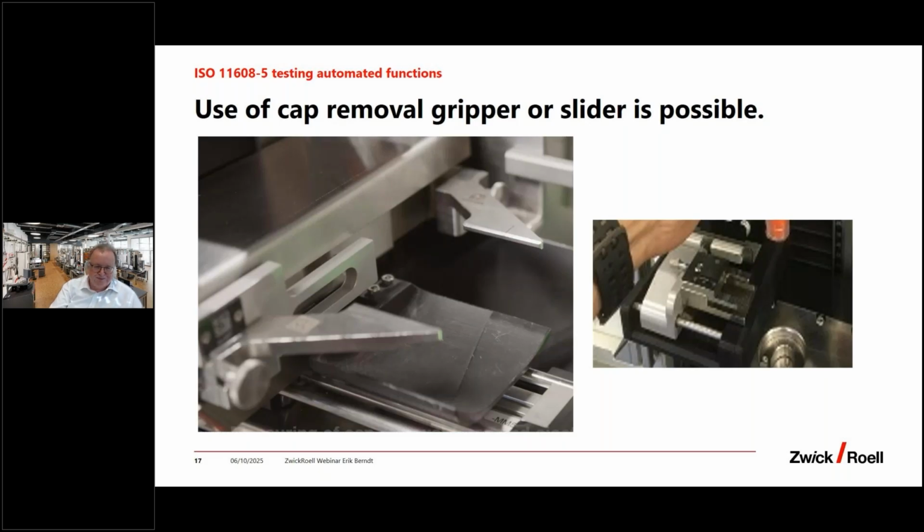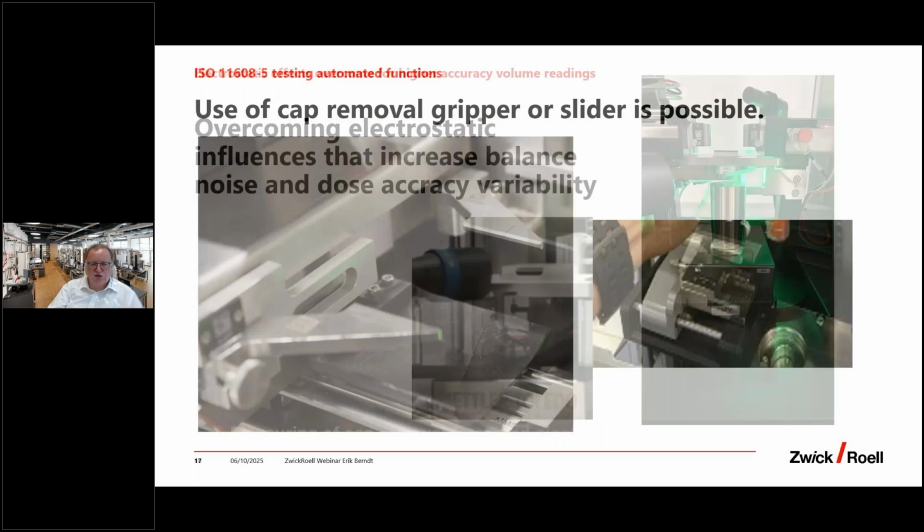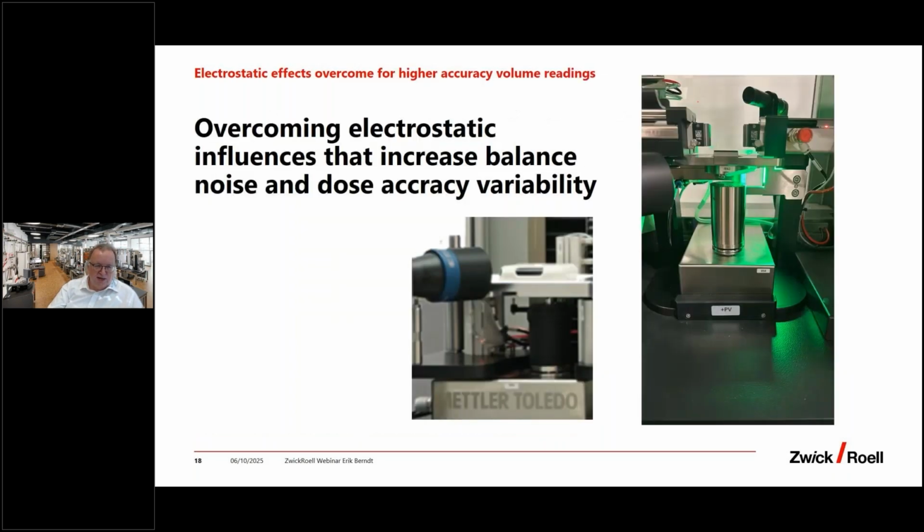Another quite important topic is electrostatic effects, especially on glass and plastic beakers. Over time, working with partners like Mettler Toledo, we learned approaches that could minimize electrostatic effects that caused larger scatter in dose accuracy measurements.